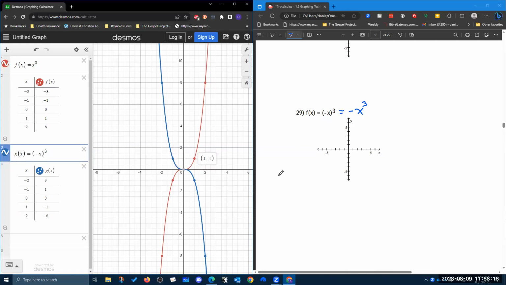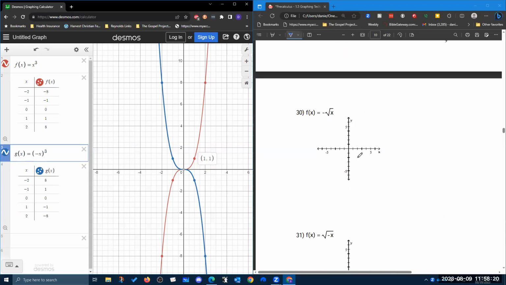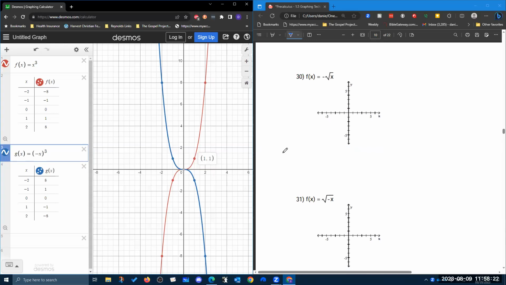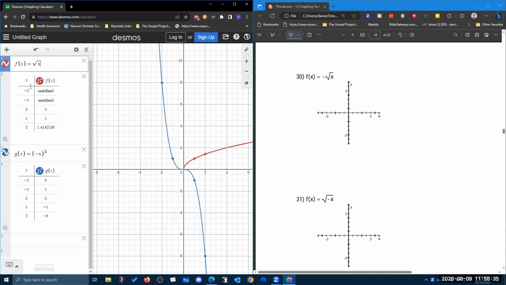So let's see if maybe we can find a function here that's going to help us see the difference. This is going to be a good one. So let me change my characteristic points. We're going to talk about the square root function. And we're going to pick perfect squares for our x values.